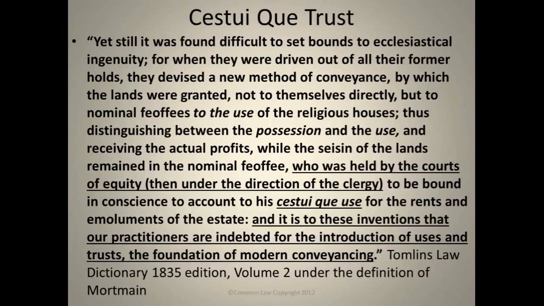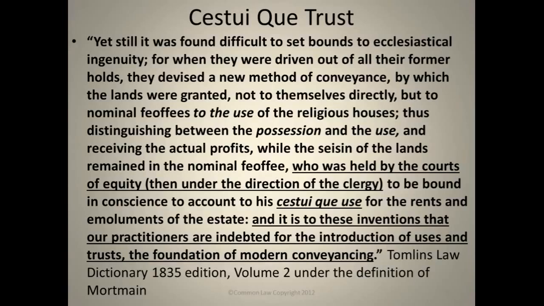And this is the important phrase here. And it is to these inventions that our practitioners are indebted for the introduction of uses and trusts, the foundation of modern conveyancing.